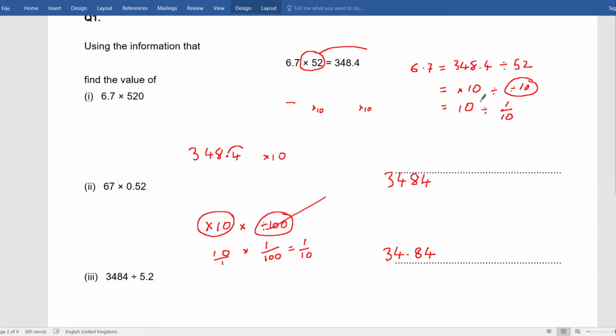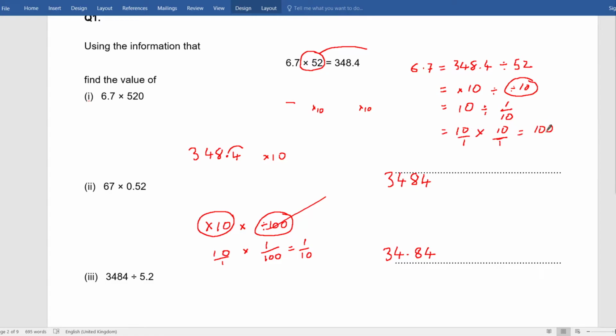Now KFC rules, when you're dividing by, what we do is KFC: keep, flip, change. Keep that the same. Now it's 10. Flip this around, so it becomes 10 over 1, and change the sign to a divide to a multiply. So that's over. So 10 times 10 is 100. 100 over 1 is just 100.